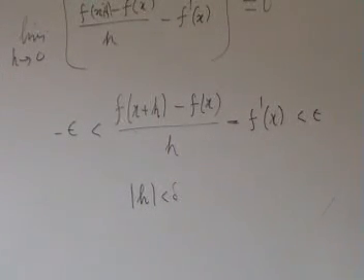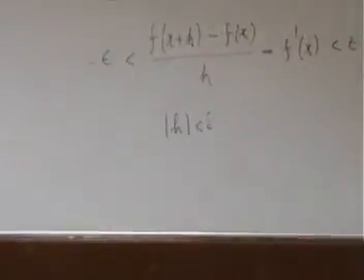This means I can write f(x plus h) minus f(x) is equal to h times f prime x plus h times e of h, where e of h tends to 0 as h tends to 0. Without even this fellow's support, he goes to 0.